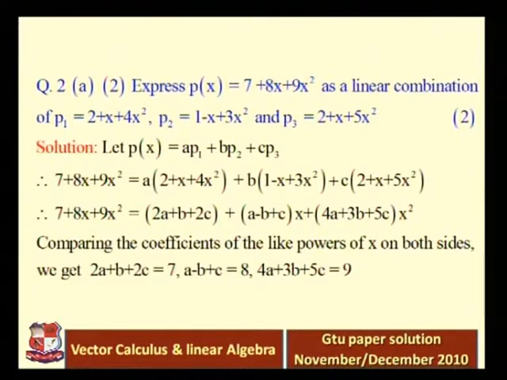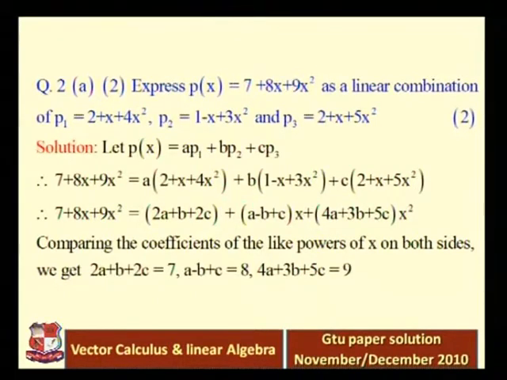Okay, so first is the constant term, which is 2a plus b plus 2c. The second term is the coefficient of x, that is (a minus b plus c) into x, plus the coefficient of x square, that is (4a plus 3b plus 5c) into x square.